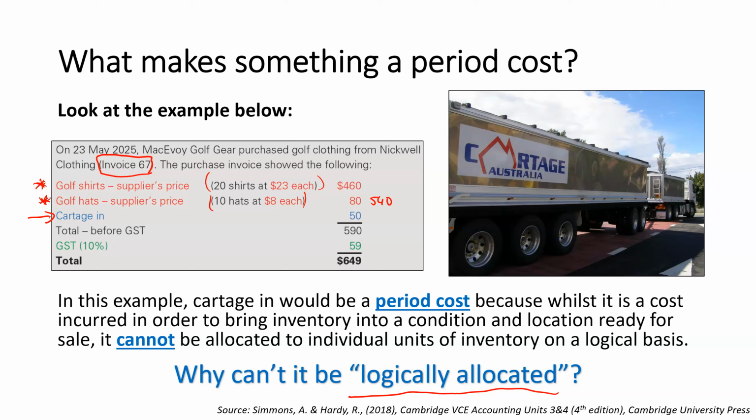These items would be very different in size, in weight, in shape. It might be harder to ship one thing over the other. So we can't simply divide it by the number of items, 30, and allocate that. Therefore, we have to treat this as a period cost.